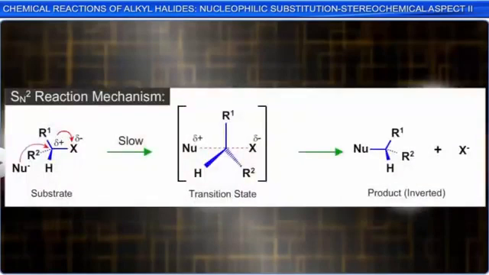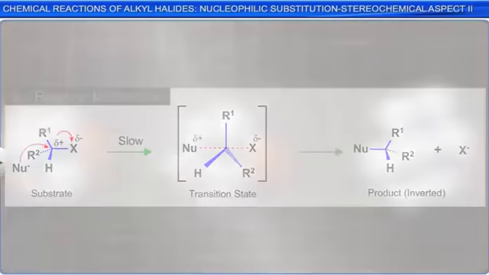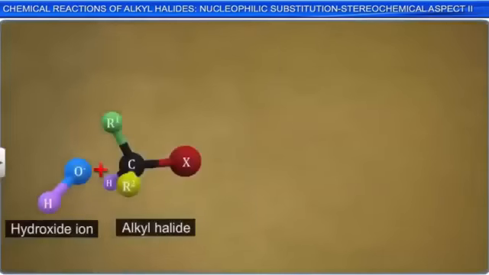Now, if the reaction conditions are extremely favorable for second-order kinetics, then the alkyl halides follow the SN2 reaction mechanism. It's a concerted process. That is, it proceeds in a single step. Here, the nucleophile attacks from the direction opposite to that of the leaving group, which is also known as a backside attack.